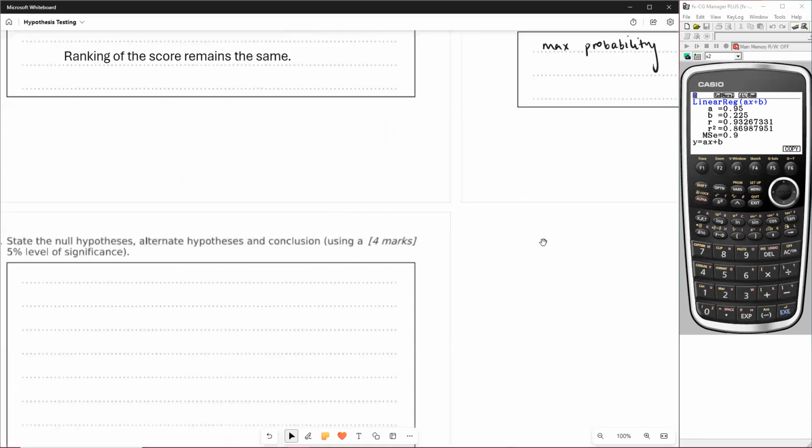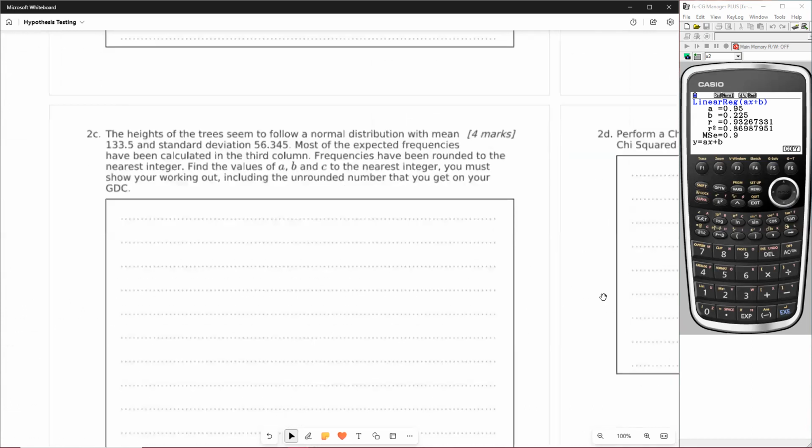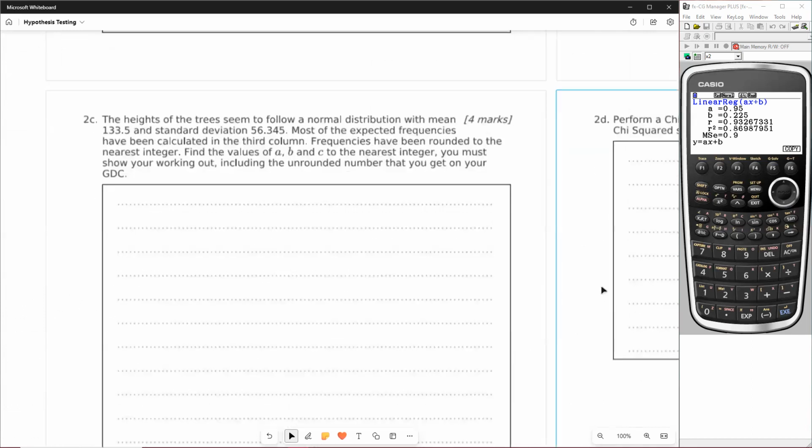Okay, 2C. It says, the heights of the trees seem to follow a normal distribution with mean 133.5 and standard deviation 56.345.